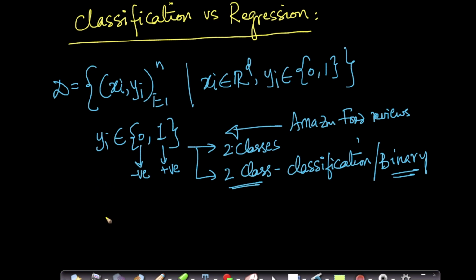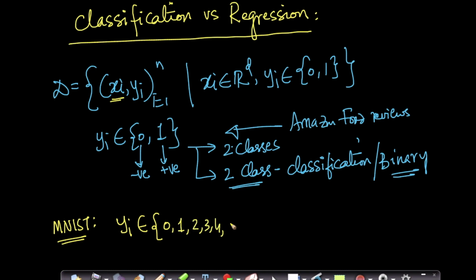Similarly, a slight variant of this is, let's take our MNIST dataset. Here in the MNIST dataset, each xi represents an image, and yi could be any of the classes 0, 1, 2, 3, 4, 5, 6, 7, 8, 9.